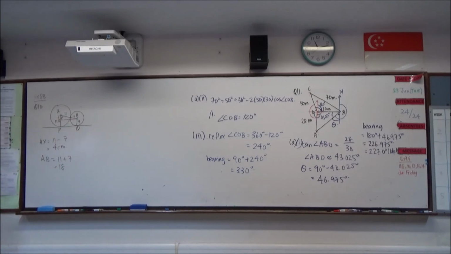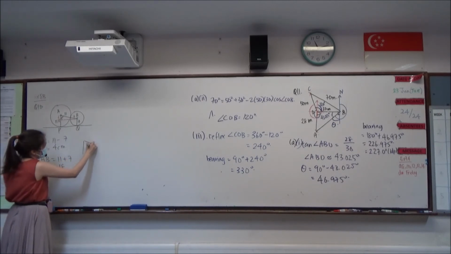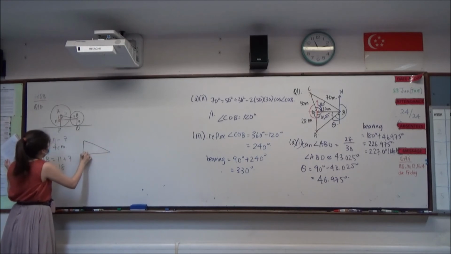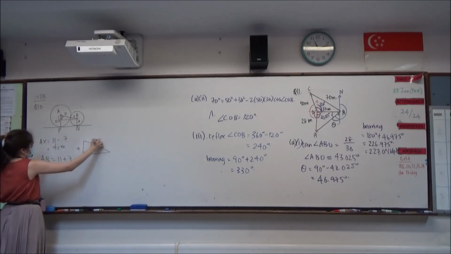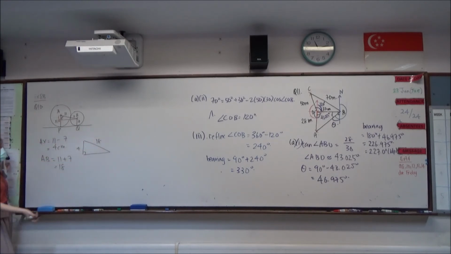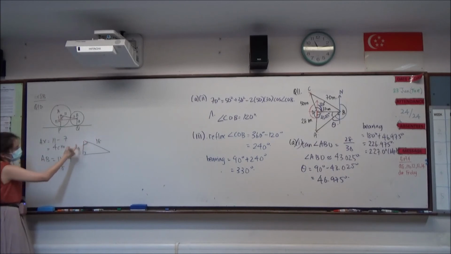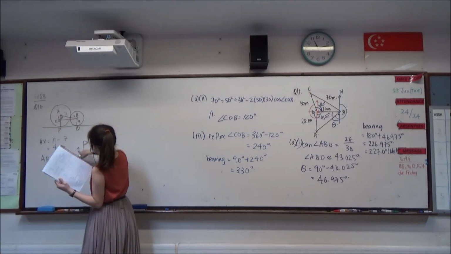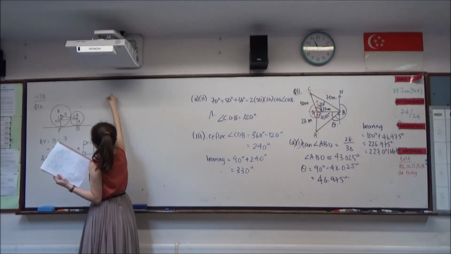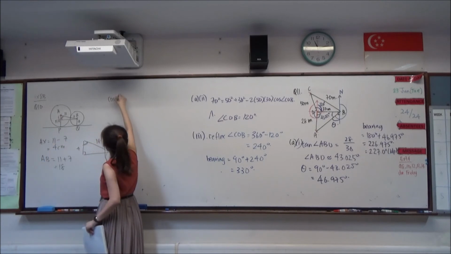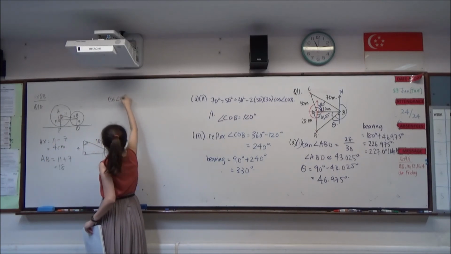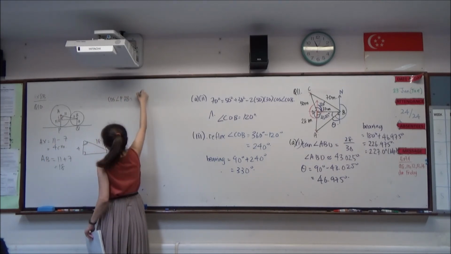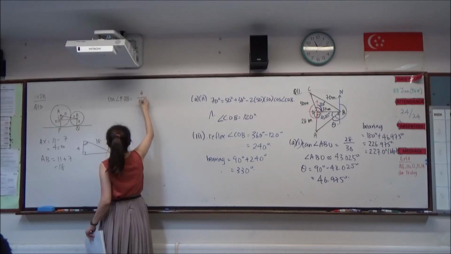Okay, so now that I have the information for the right angle triangle, where I have 4 cm here and 18 cm here, then I can use my calculator to find out the angle of PAB. So angle PAB will be using adjacent over hypotenuse, that is cosine. Angle PAB will be adjacent over hypotenuse 18.